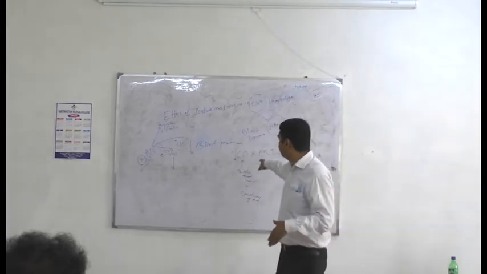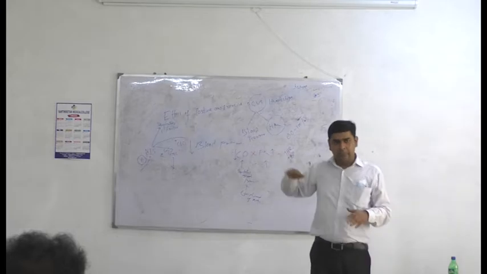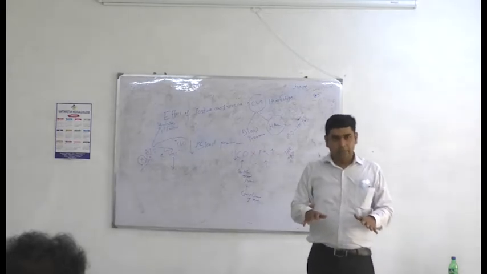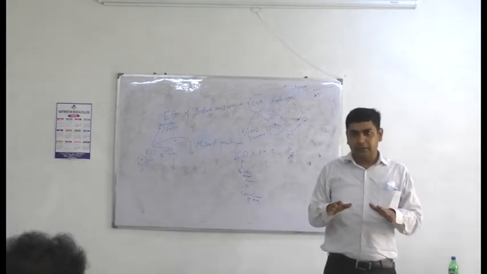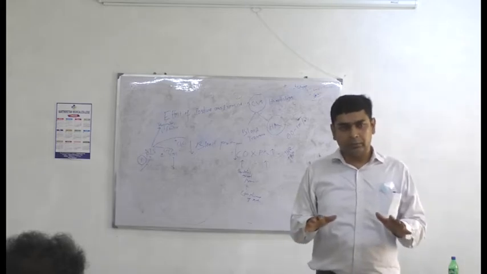If the cardiac output increases, then the blood pressure becomes normal. So this is the mechanism of long-term control in posture.